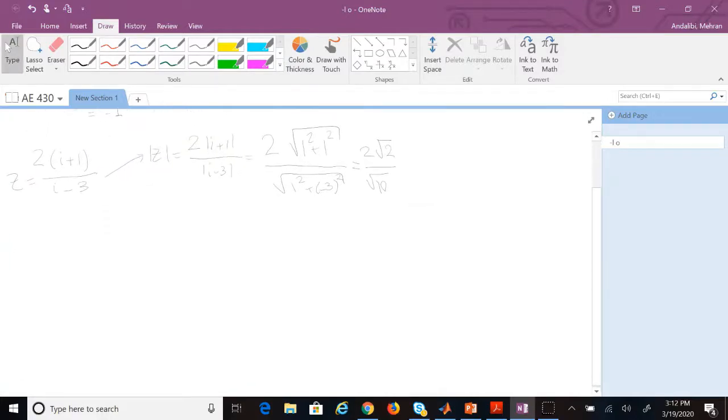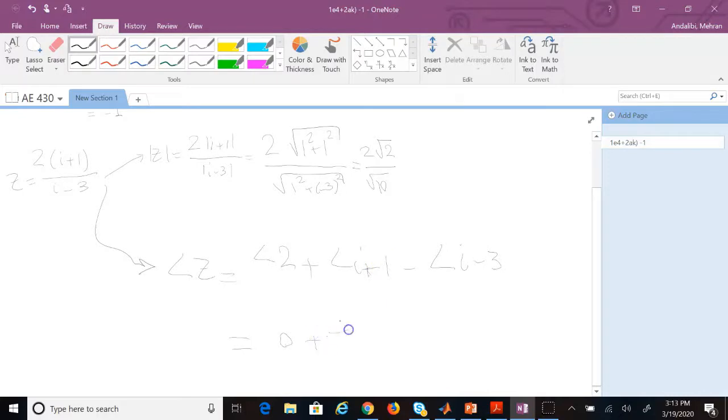Now, if somebody says, okay, what is the phase of z? You say that's the phase of the number 2, plus the phase of i plus 1, minus the phase of i minus 3. And what is the phase of 2? We know a real number has no phase, right? So that's 0. What is the phase of i plus 1?